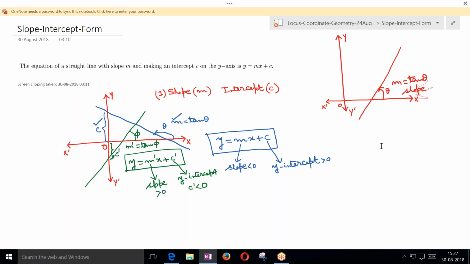If you look at this portion, this is the angle theta.